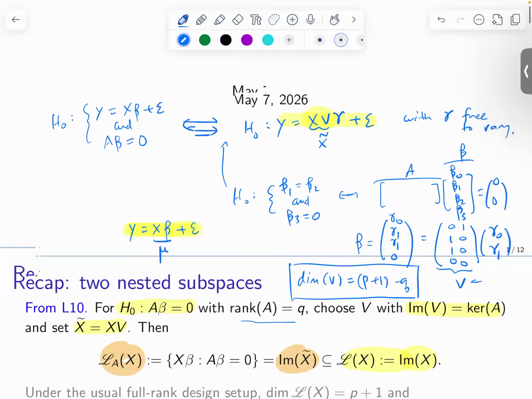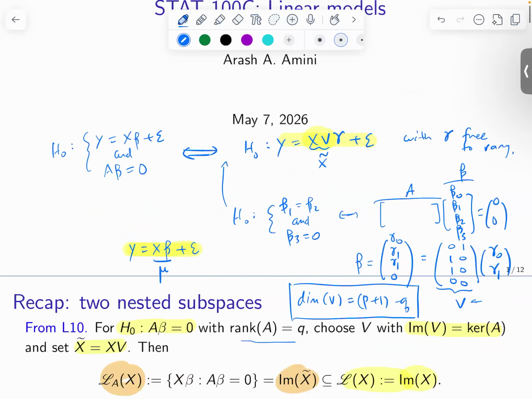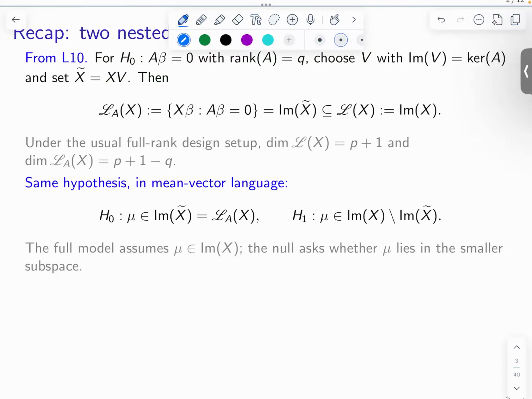What we can say is that under the null, equivalently, we are imposing the condition that mu belongs to the image of x tilde. So if you go down here, I can write the same hypothesis in this format. The model is y is mu plus epsilon. Under the null, mu belongs to the image of x tilde, or L of x tilde. Under H1, mu belongs to the image of x minus the image of x tilde.